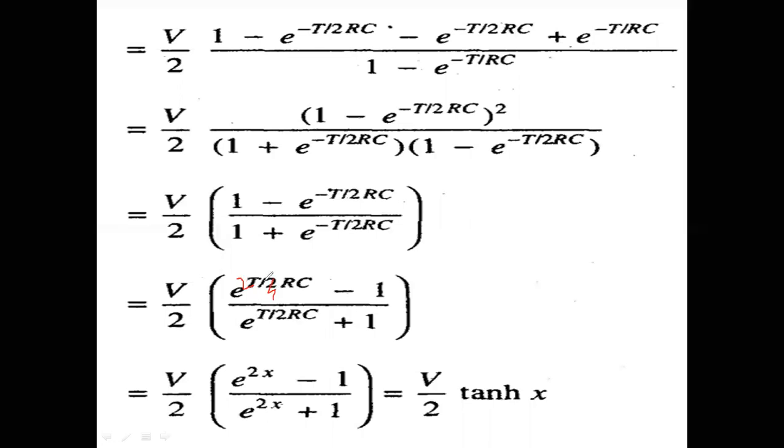Therefore you get 2t by 4 RC, so that t by 4 RC is x. Therefore it is in the form of 2 into x, where x is t by 4 RC. So it will be in the standard formula form of tanh x.